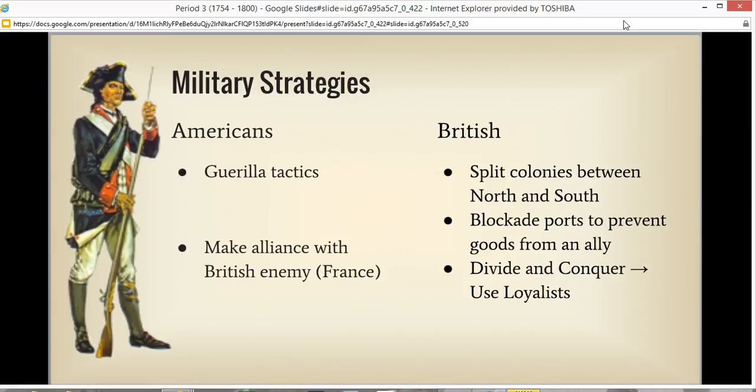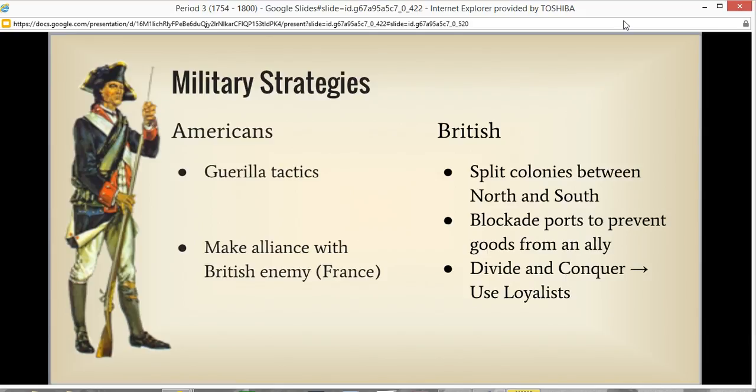They're working very, very hard to try to form an alliance with the British enemy. And remember what I said about France in the French and Indian War. Remember they lost all that land, and it was looking real sad. That map from 1763 was looking real, real bad for France. But I said the French would be back. And now the Americans are going to try to form an alliance with France so that they can hopefully have some victory in this war.